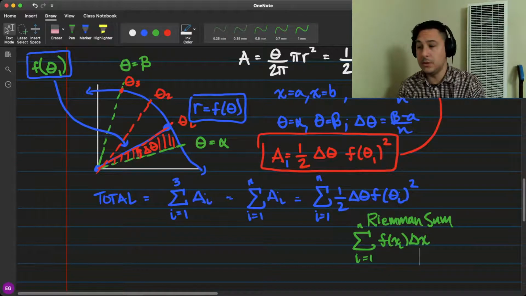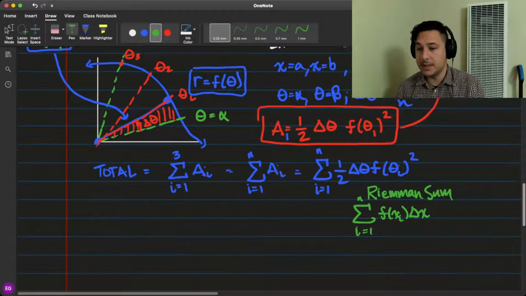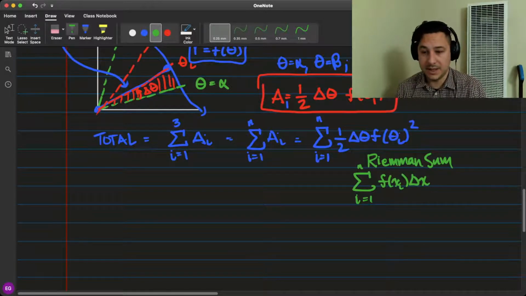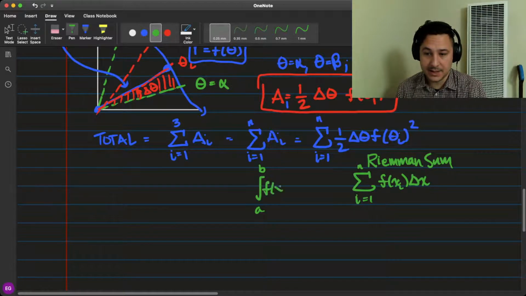If I want this to be equal to the integral from a to b of f of x dx, what needs to happen?